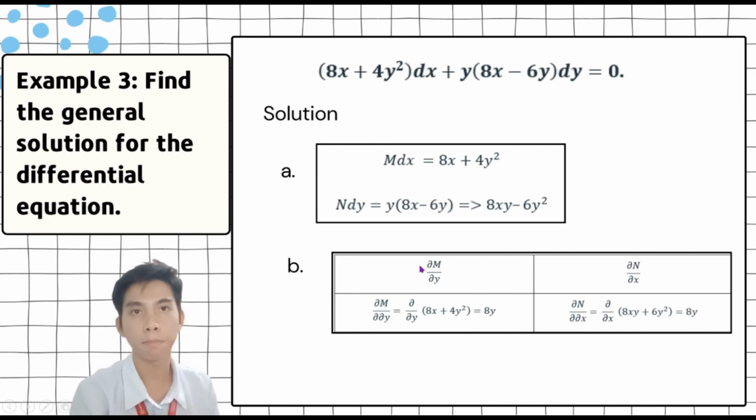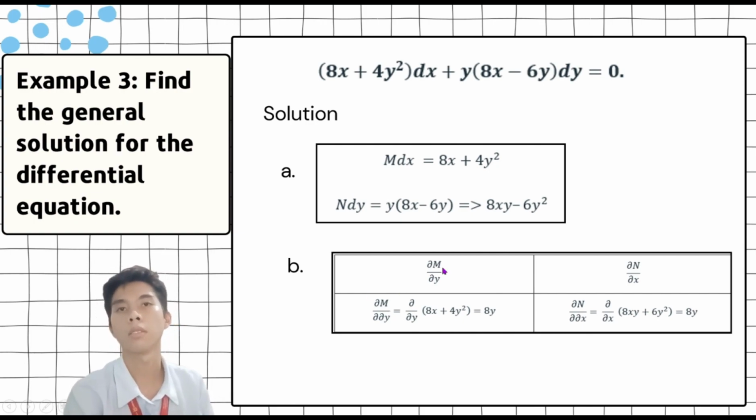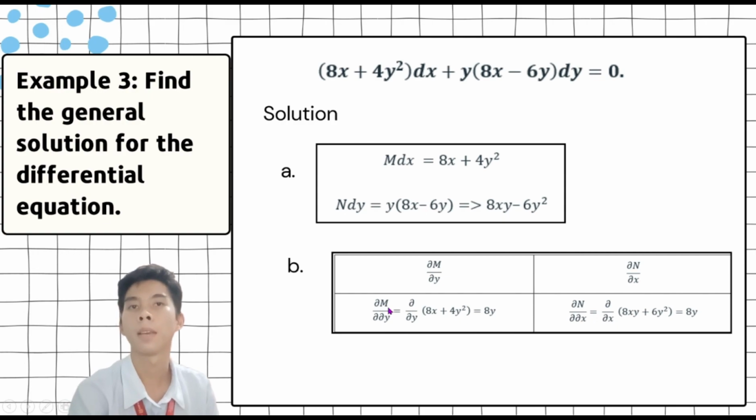So the next step is to get the partial derivative of each with respect to its opposite variable. Getting the partial derivative of M with respect to y, and the partial derivative of N with respect to x. First, the partial derivative of M with respect to y is equal to 8y.